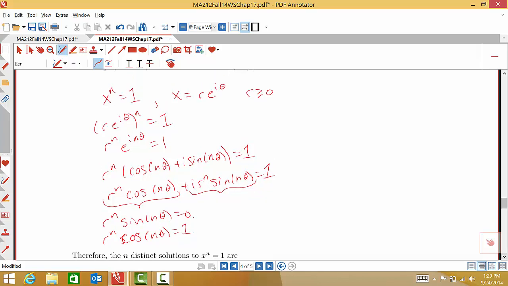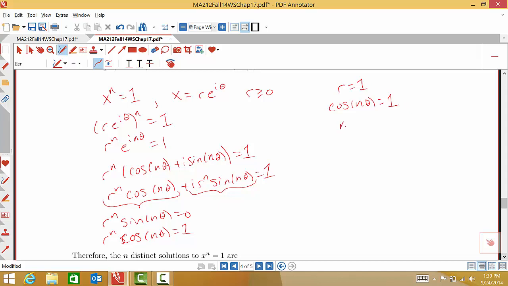How can we do this? Well, if we think about it for a minute, we need the sine n theta term to be 0, we need r to be 1, and we need to make sure that cosine n theta is equal to 1. So we need to choose theta such that sine n theta is equal to 0 and cosine n theta is equal to 1.